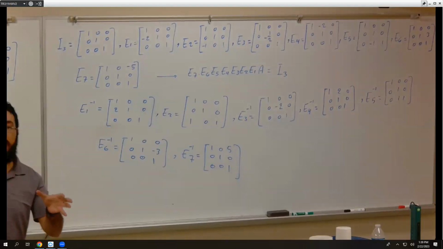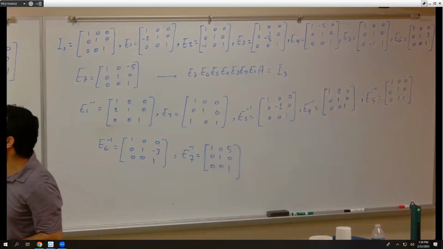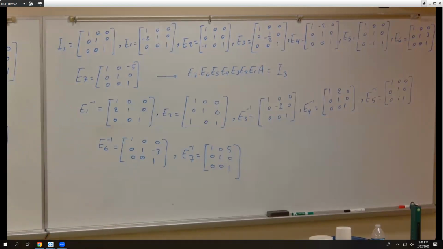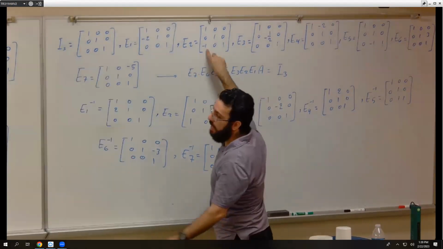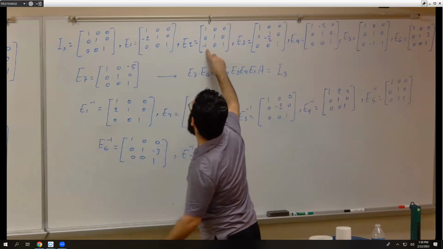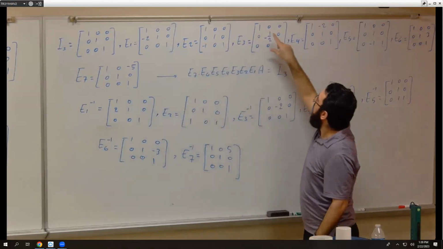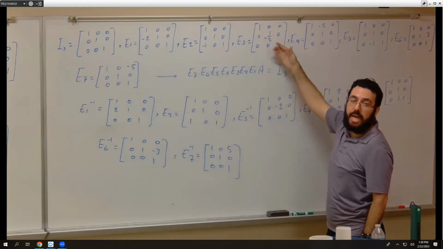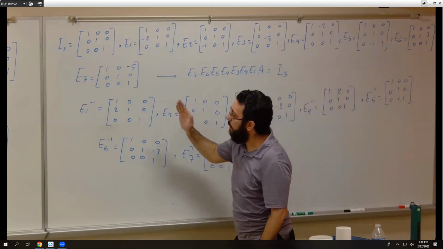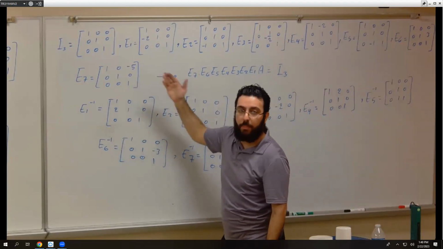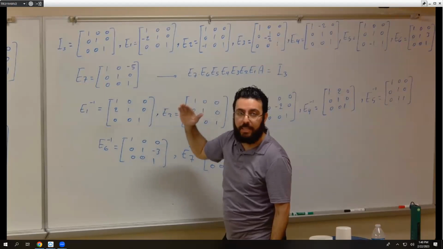When you write down the elementary matrices, you're not going to change anything. Write down exactly the same thing. Like negative 2, we're going to write down negative 2. Negative 1, check the second operation, negative 1, I'm going to write down negative 1. Divide by 2, that means negative 1 divided by 2, okay? But when I write down the inverse, I'm going to be careful about which element. I'm going to be careful about the diagonal. When I write down the inverse, only on the diagonal do I take the reciprocal.